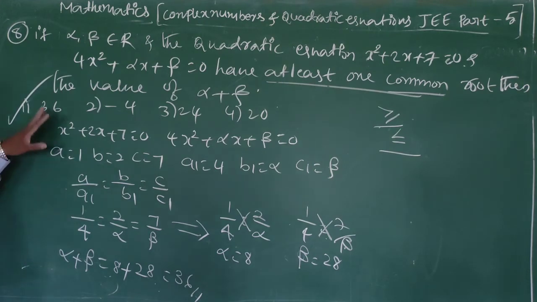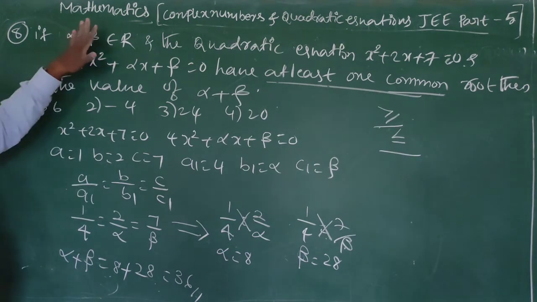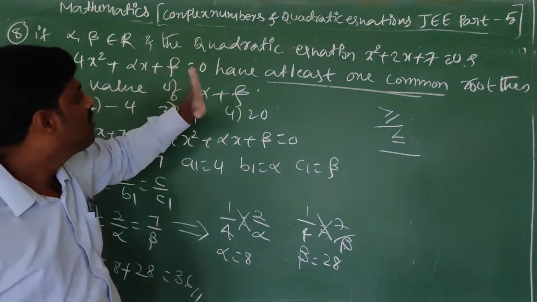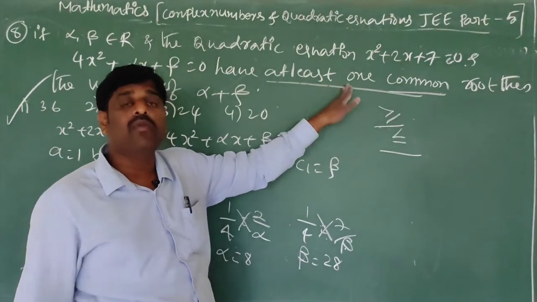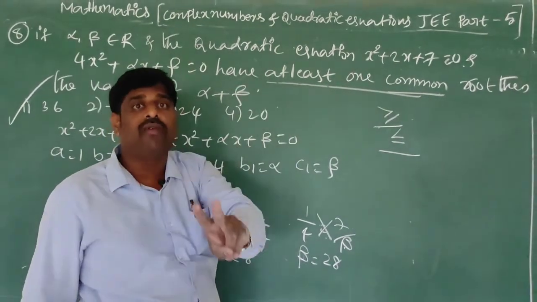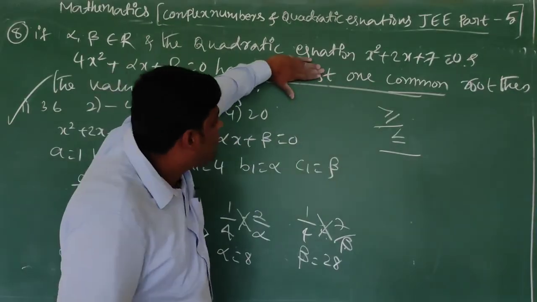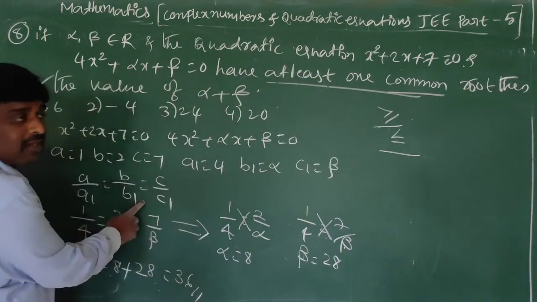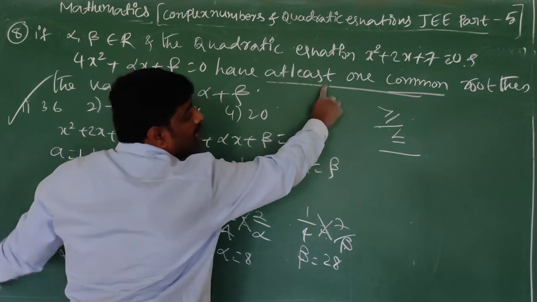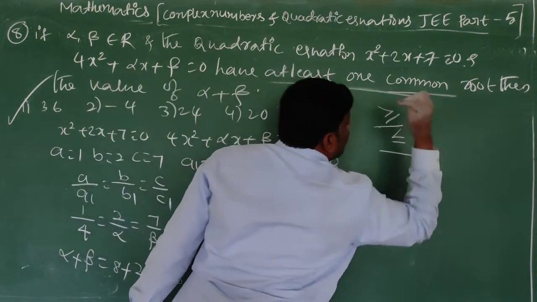So the equations have at least one common root. At least means greater than or equal to 1, that is two common roots. Because if at least was not there, this formula would change. Here they have given at least, so it means two common roots.